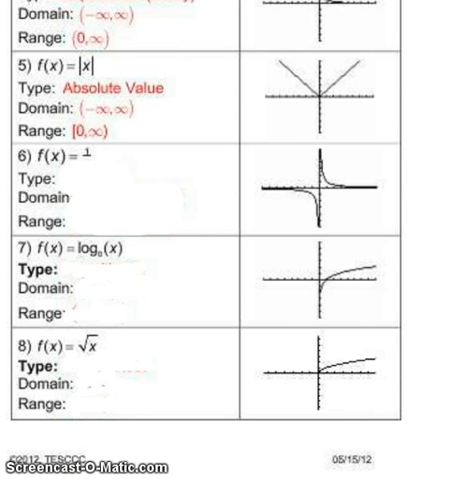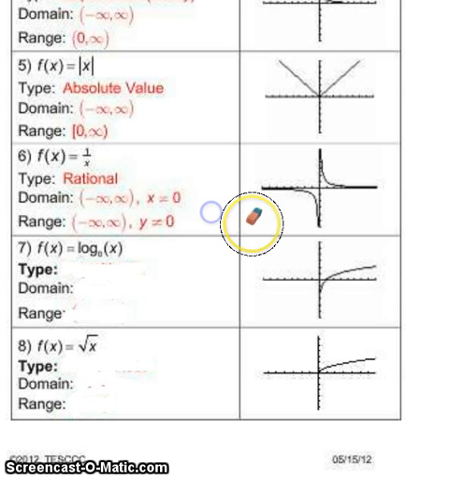All right, number 6, the function we're going to look at is 1 over x, and it is a rational parent function, and the domain and range are both from negative infinity to infinity, but look at the condition. For the domain, x cannot equal 0, and for the range, y cannot equal 0.